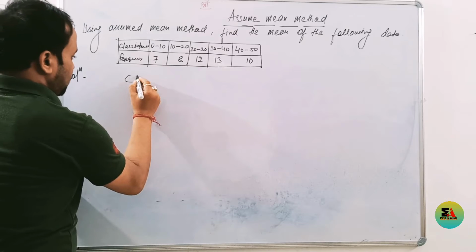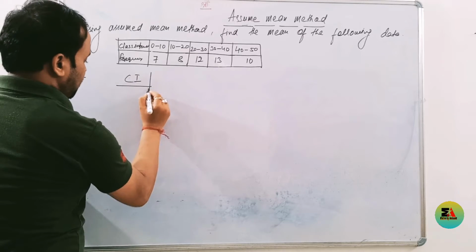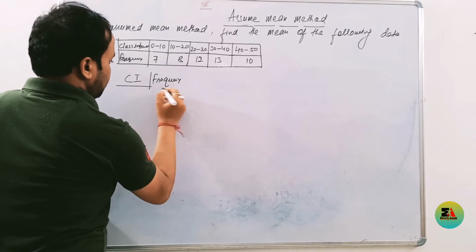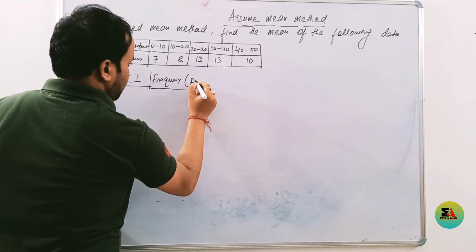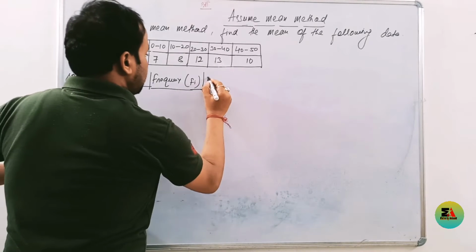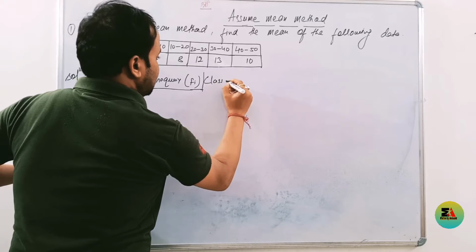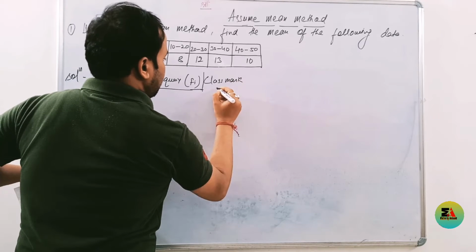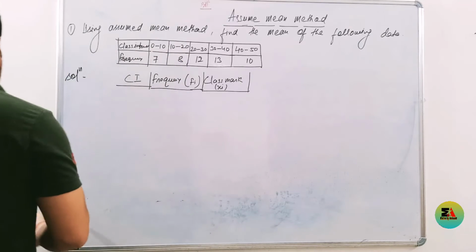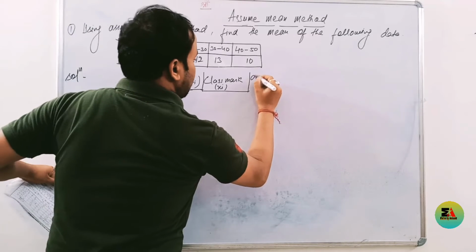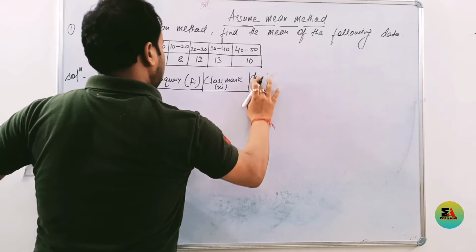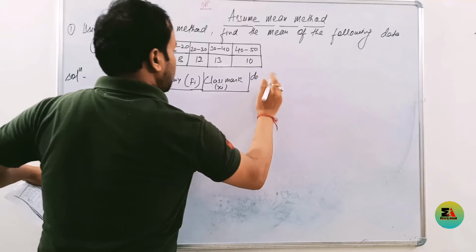Create the table. These are the class intervals and these are the frequencies, fi. These are the class marks, represented by xi, and the next column is deviation.